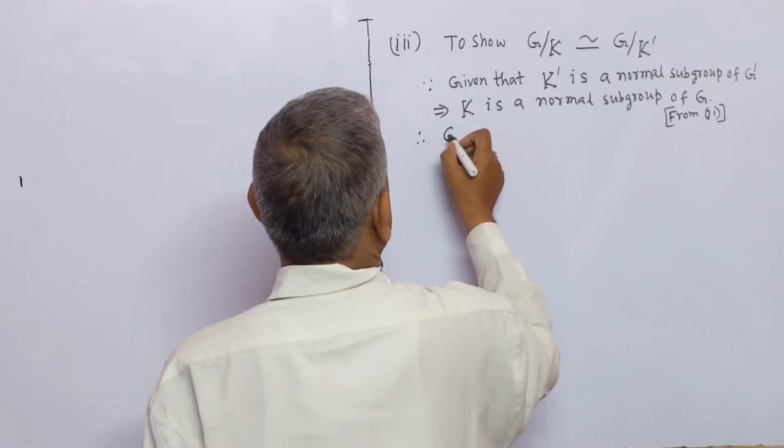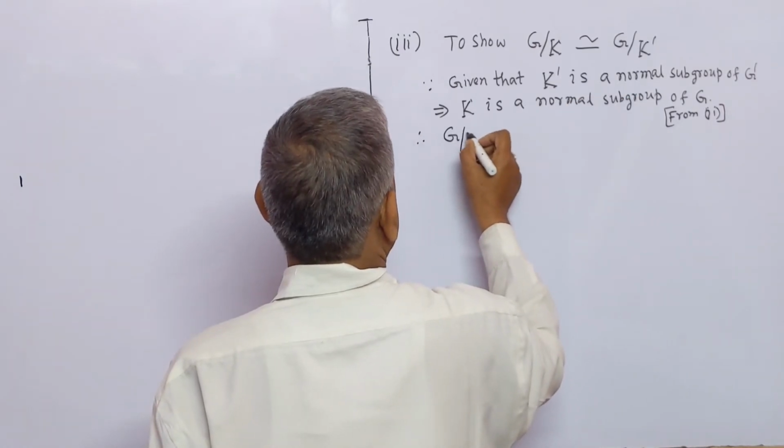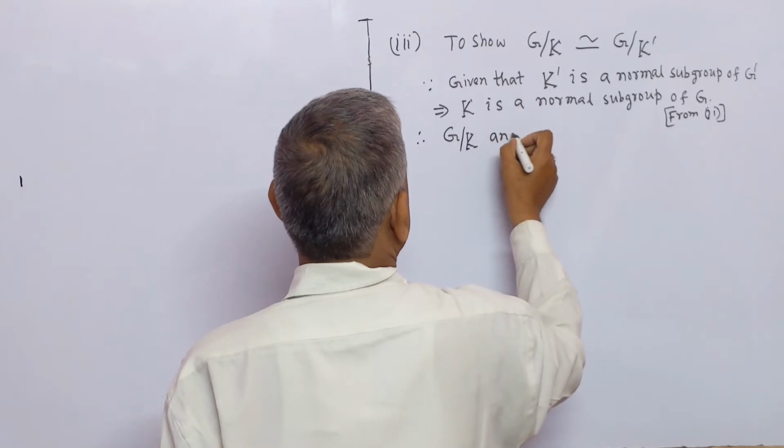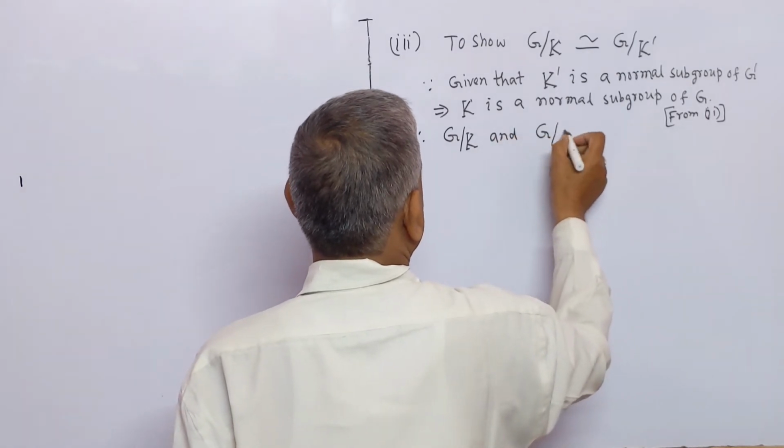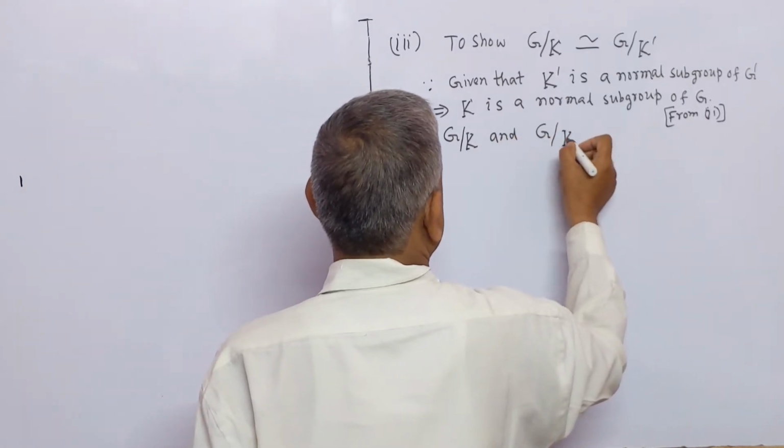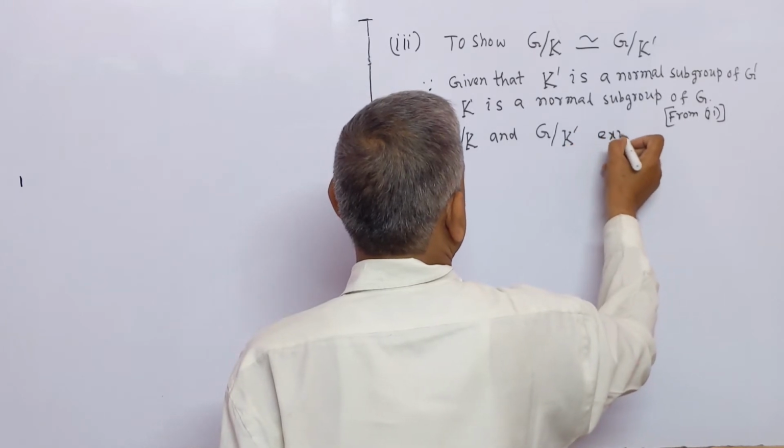Therefore, quotient group G by K and quotient group G' by K' exist.